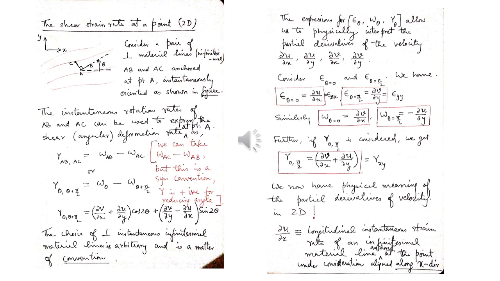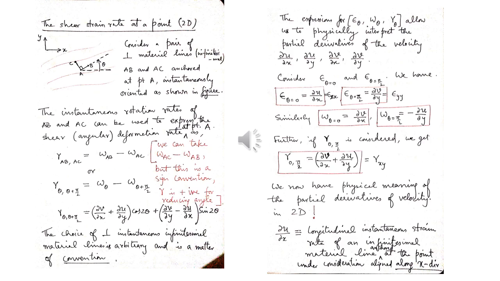So I can write the shear strain gamma theta comma theta plus pi by 2 as omega theta minus omega theta plus pi by 2. Now it only remains to use the expression for omega theta that we have earlier derived in lecture 2. So I simply use those expressions for omega theta, and I can also obtain the expression for omega theta plus pi by 2 by simply substituting theta plus pi by 2 for theta.